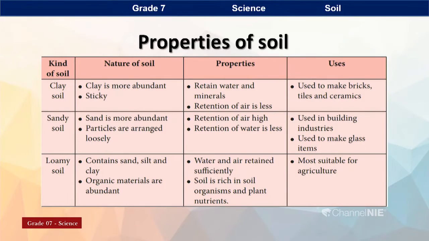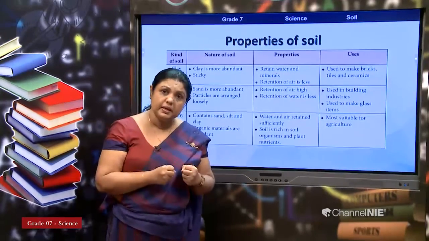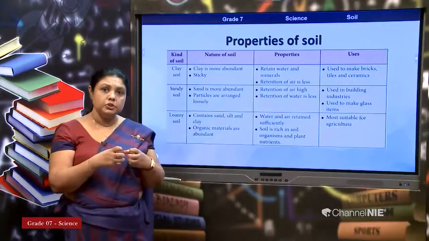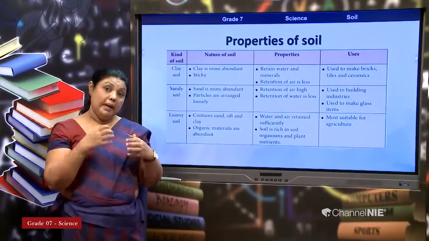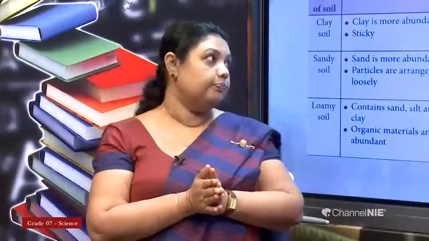So, it is very important to know that clay soil is used to make bricks. Why, children? It has less air spaces. When there are less air spaces, water absorption is at maximum and nothing further can happen.